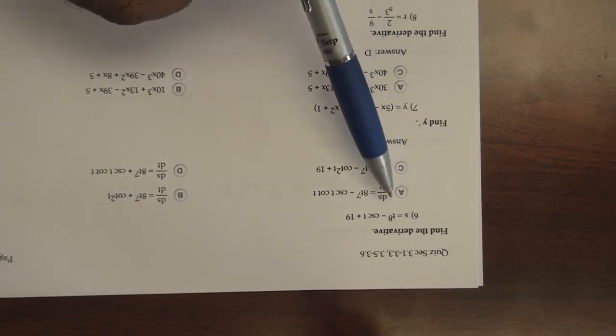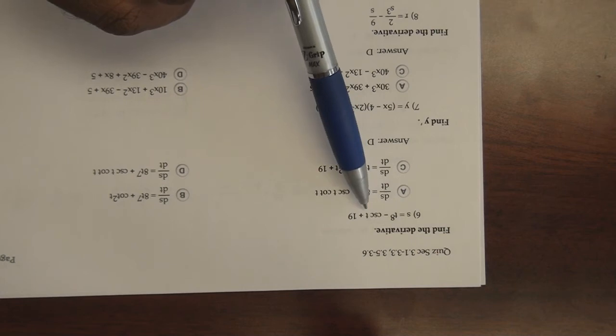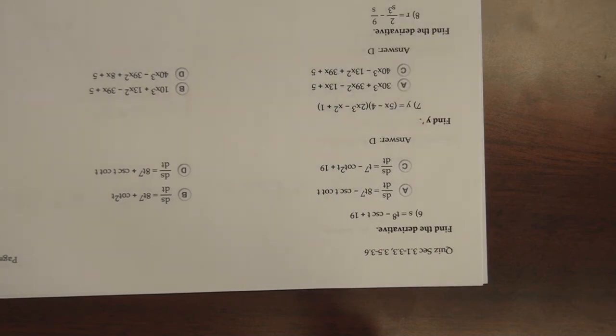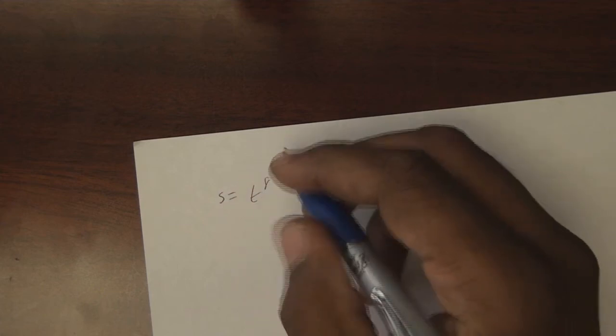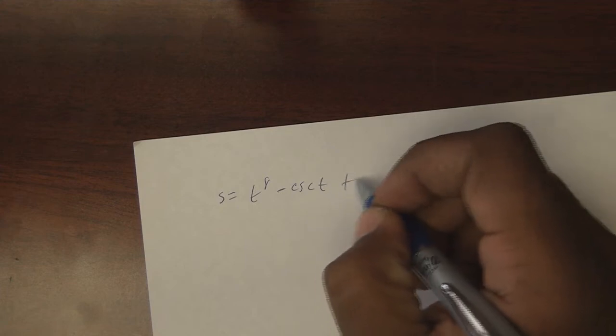Next, we'll find a derivative for the function s is equal to t to the eighth minus cosecant t plus 19. We have the function s is equal to t to the eighth minus cosecant t plus 19.